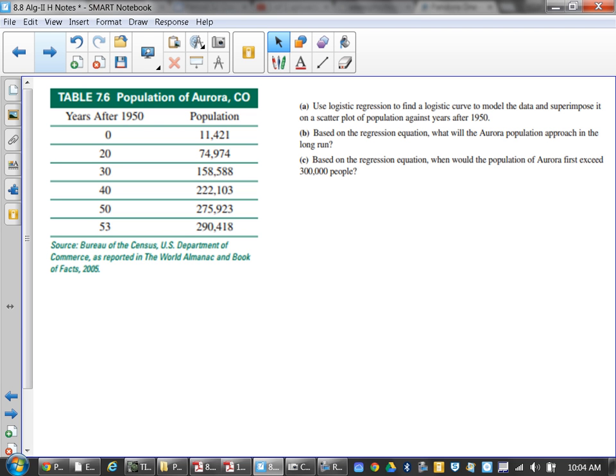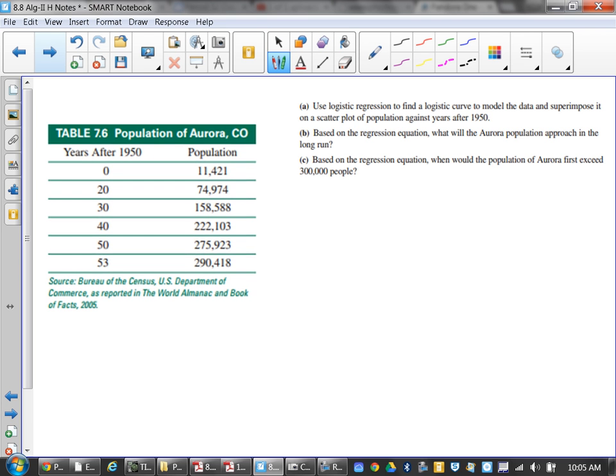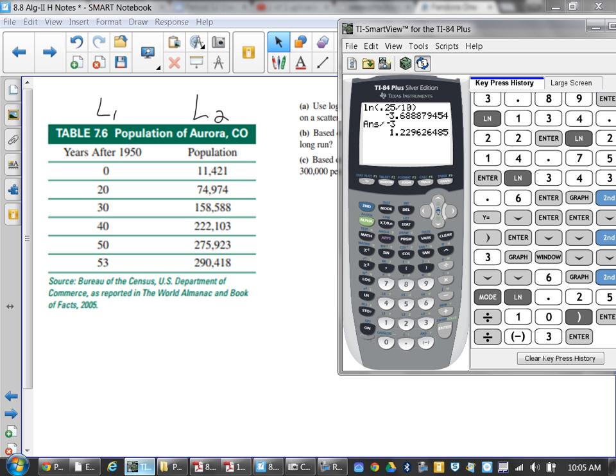So year 0 is 1950. What I want to do here is use logistic regression to find a logistic curve to model the data and superimpose it on a scatter plot. Basically, I want to do L1, L2. So let's take a minute and put these in our calculators under your stats.